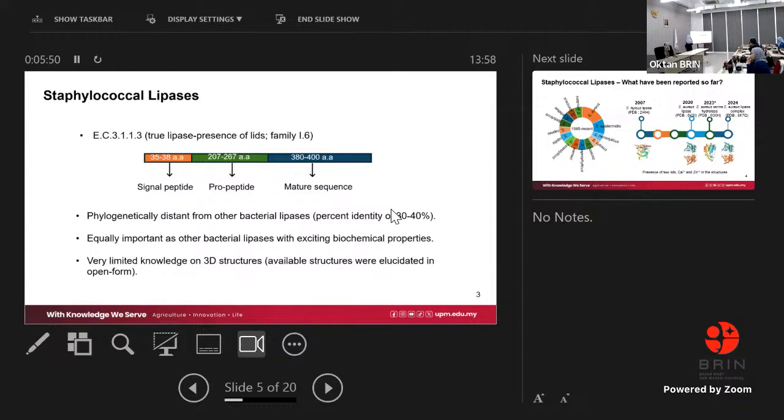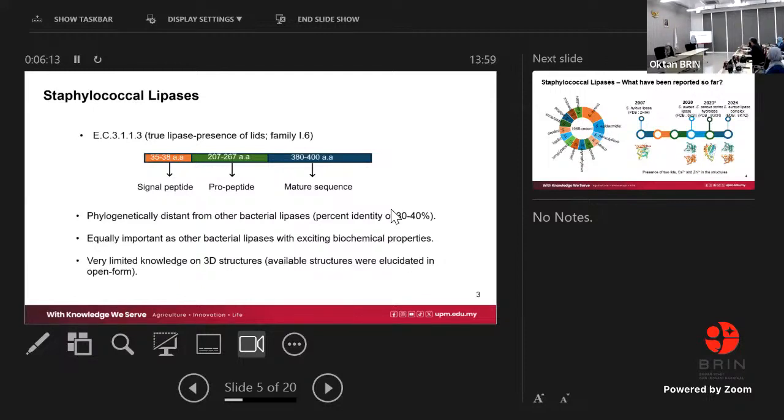They are equally important as other bacterial lipases because many studies have shown that staphylococcal lipases also have interesting biochemical properties. In terms of structure, there is very limited knowledge on the 3D structures available in the Protein Data Bank.